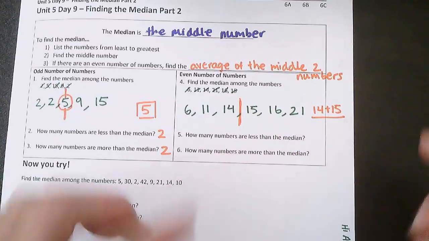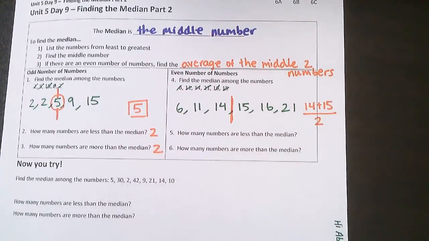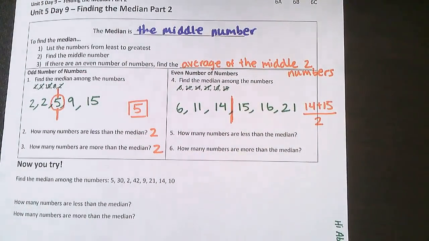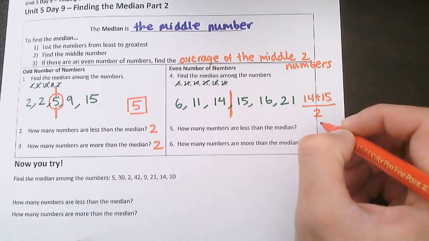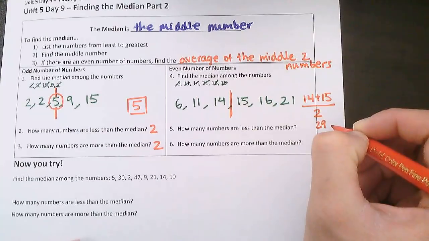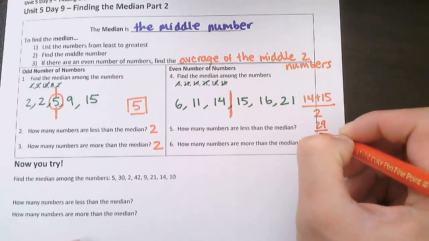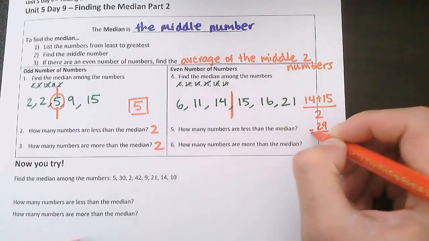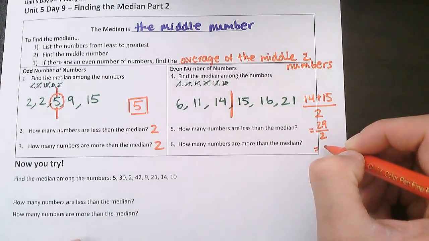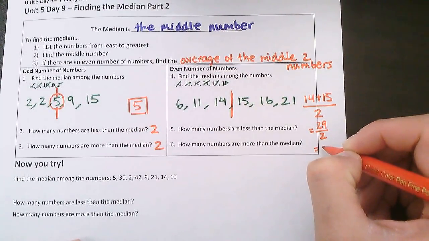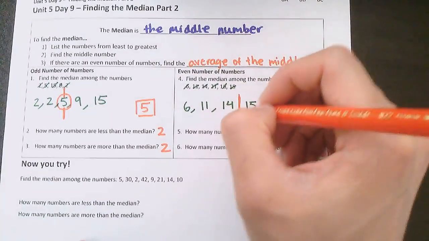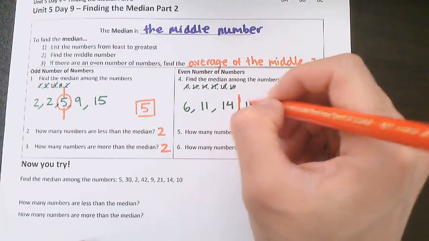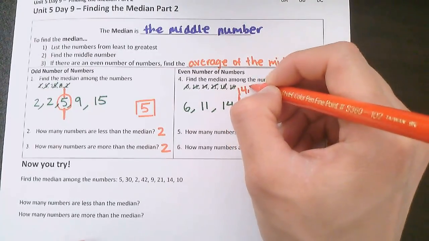So there's 2 numbers, so we divide it by 2. 14 plus 15 is 29. 29 divided by 2 is 14.5. So the median, the number that would be right in the middle, is 14.5.